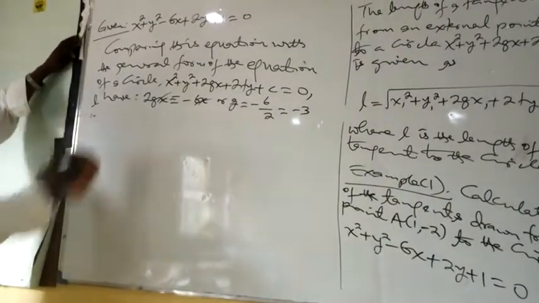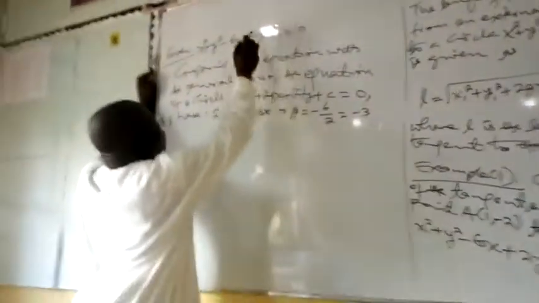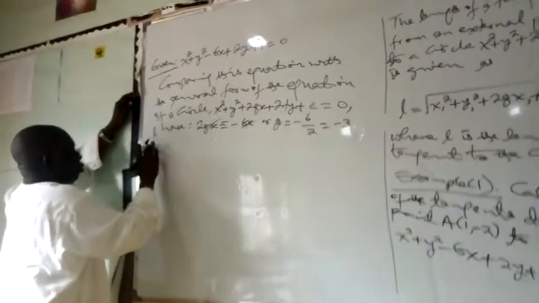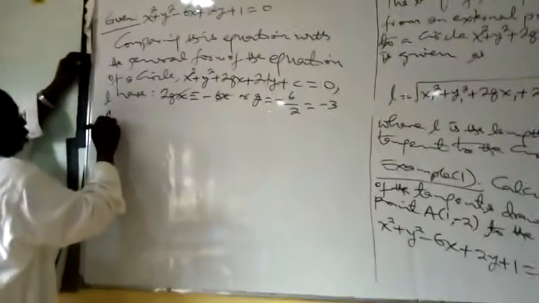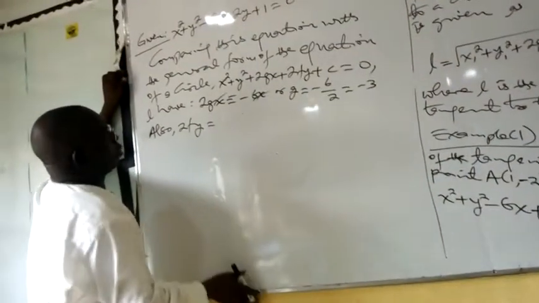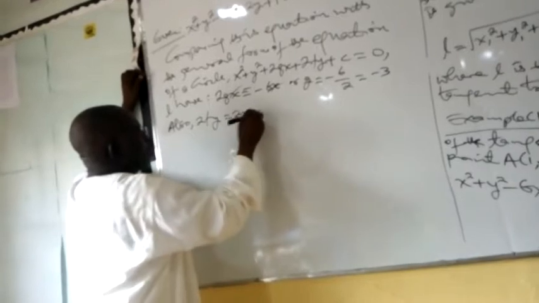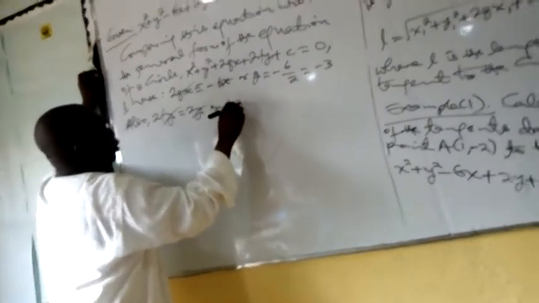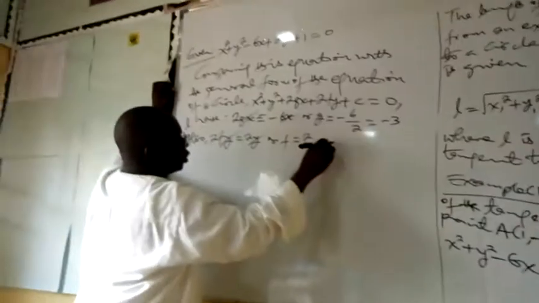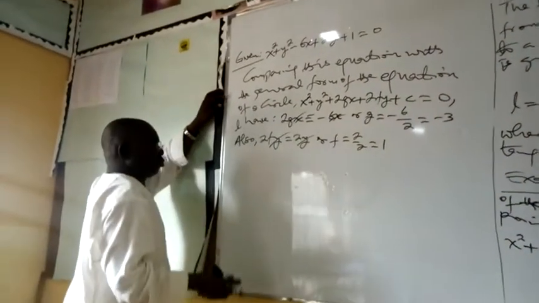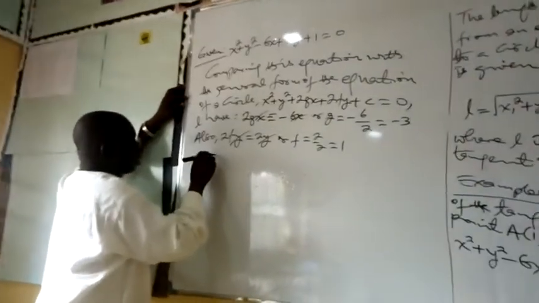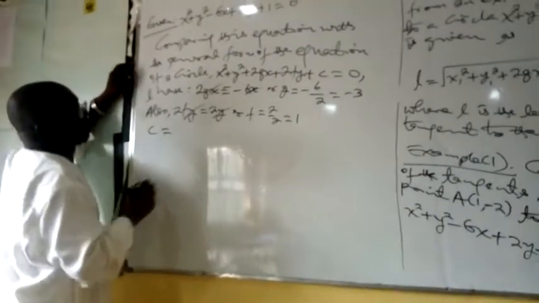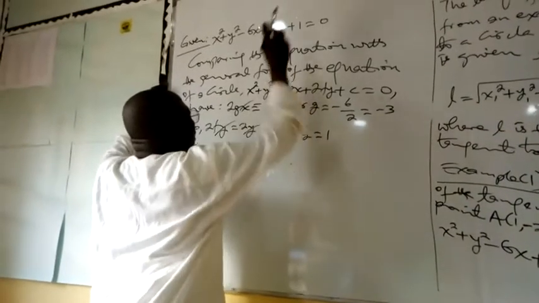Then also, 2fy corresponds to 2y. 2fy is equal to 2y, and then this y will cancel, or f is equal to 2 over 2, which is 1. Now, this c here corresponds to this 1.